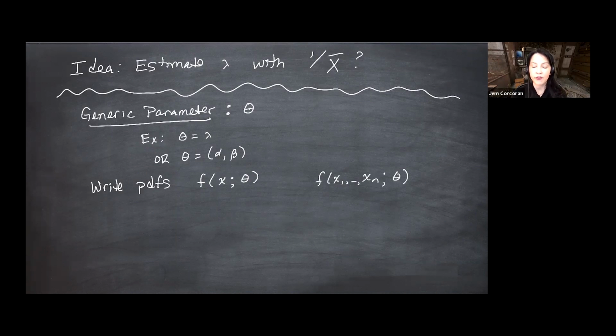Now, I know some of you are going to maybe want to put a line there, and that's okay, but I'm not going to do that. So you might see this. There's nothing wrong with it, and go ahead and use it if you want, but I'm not going to, because I think it's a loaded statement. If you know about conditional probabilities, it kind of looks like a conditional PDF given theta, which it kind of is, but this starts to look like Bayesian statistics, which is not what this course is about.